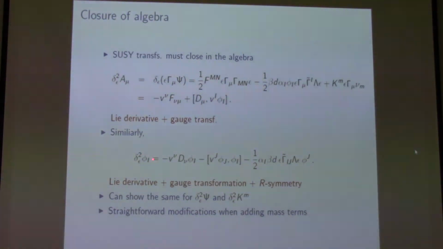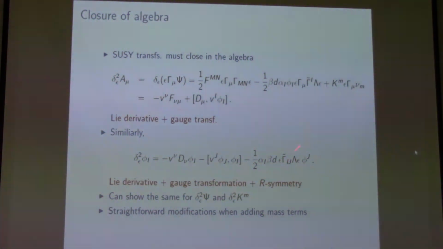Similarly, if I do two transformations on the phi^I, you can see that you'll still get a Lie derivative along the direction of the vector field, plus the gauge transformation, the same gauge transformation as you have there, the corresponding one. And plus this term here, which is actually just an R-symmetry transformation.